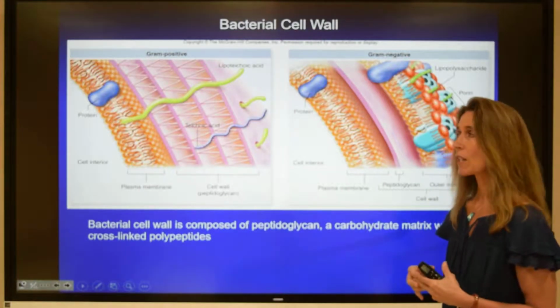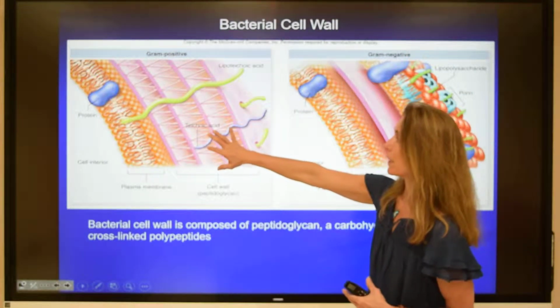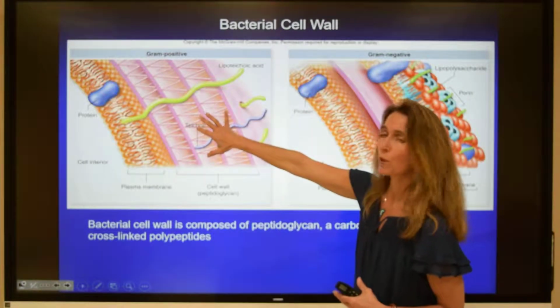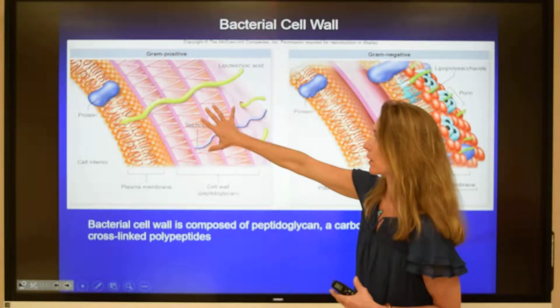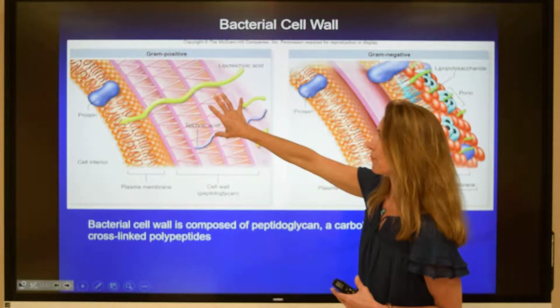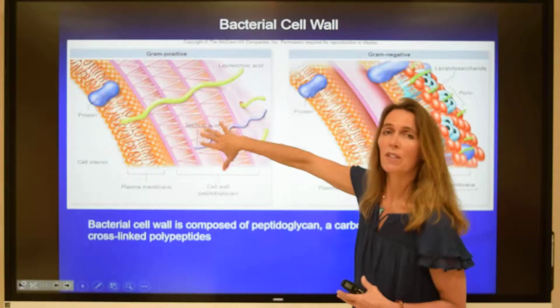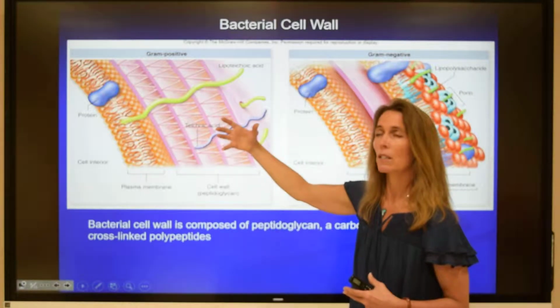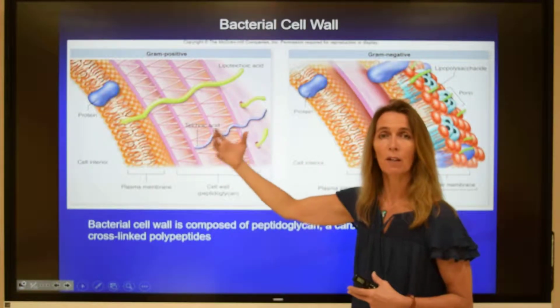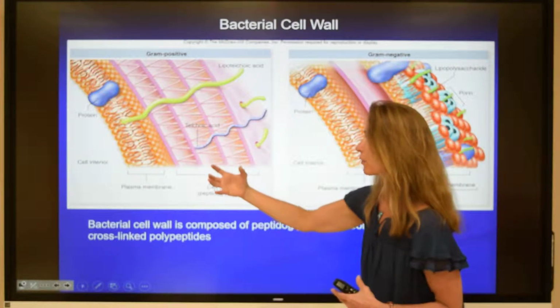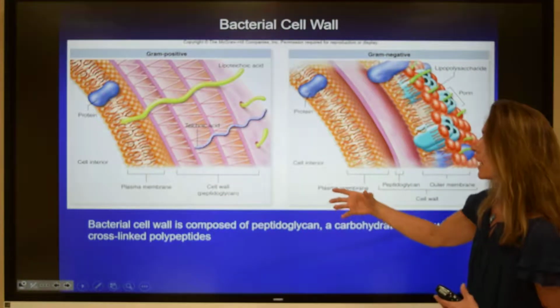Now if you think about this, the antibiotics that we use to fight bacterial infections often interfere with the integrity of those proteins and carbohydrates within the cell wall. In other words, the cell wall destabilizes and the bacterium is no longer protected against the outside environment, and for that reason disintegrates.